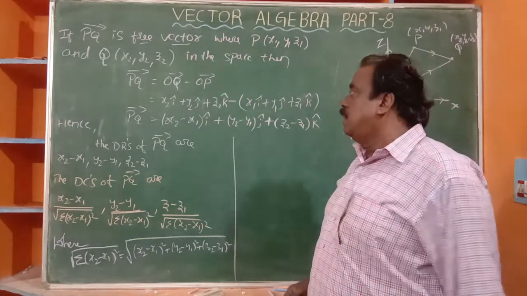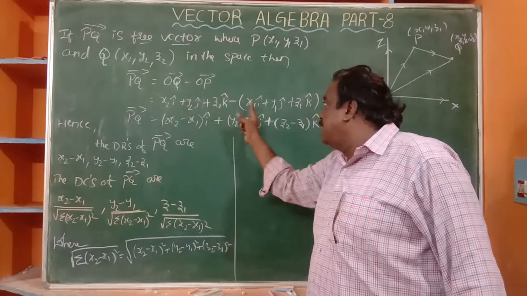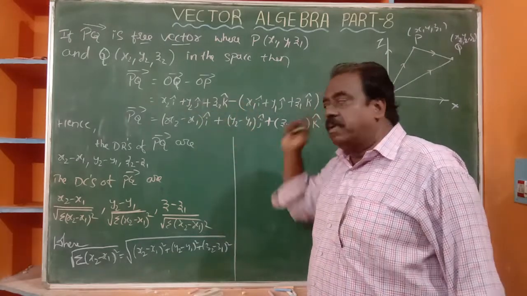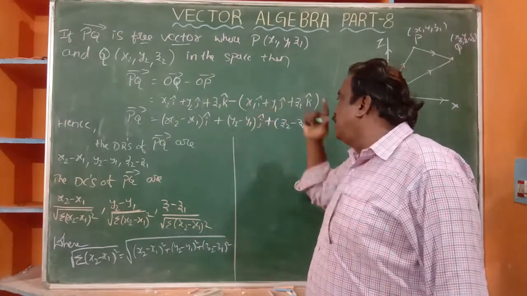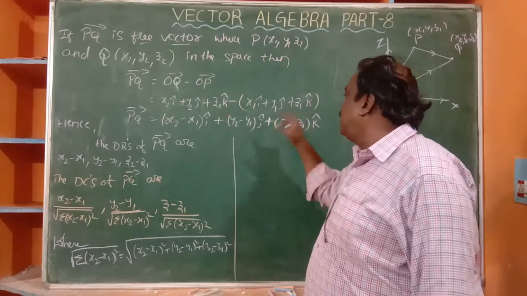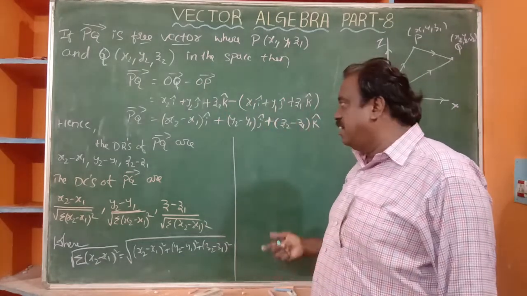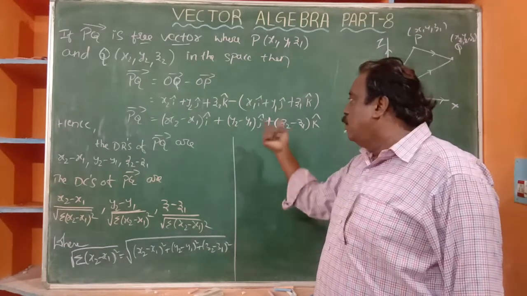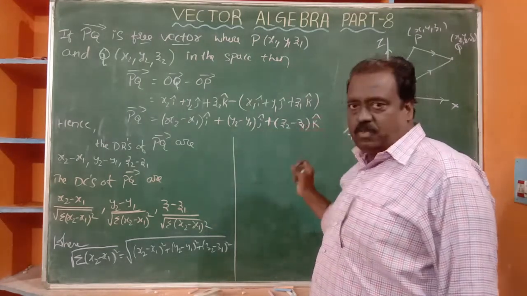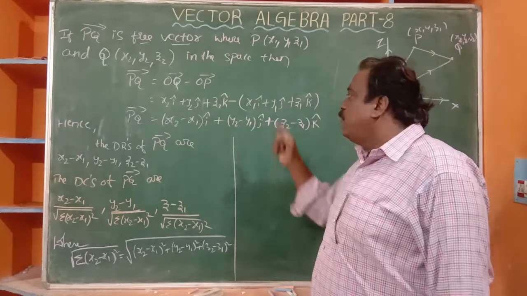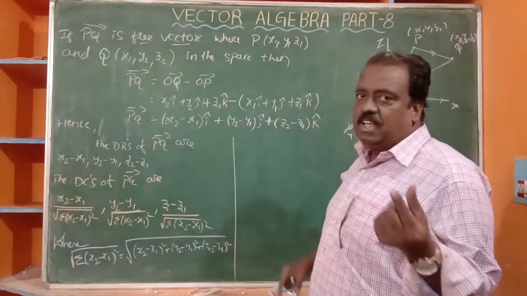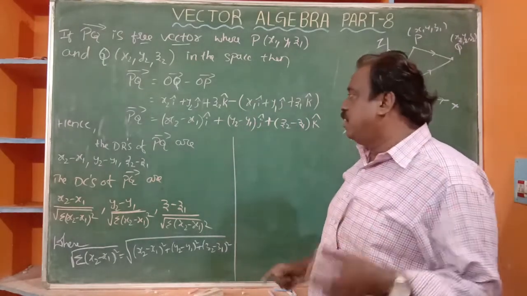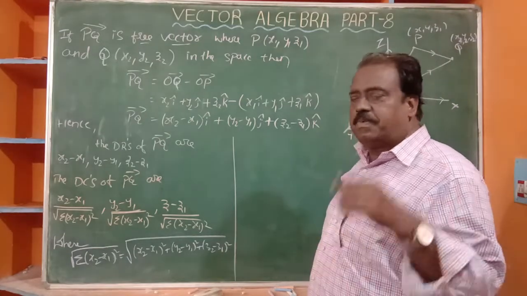Now x2 minus x1 with i, y2 minus y1 with j, z2 minus z1 with k. Here x1, y1, z1 are the coordinates of the first point and x2, y2, z2 are the coordinates of the second point.